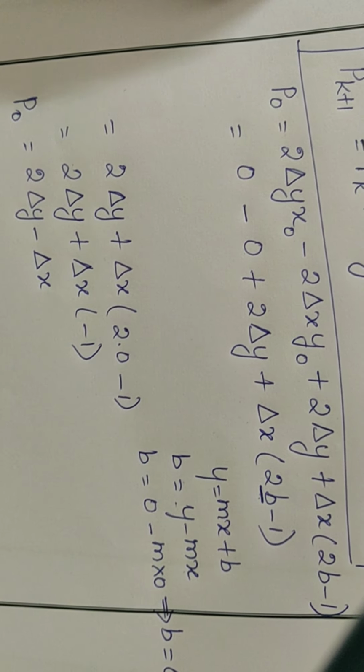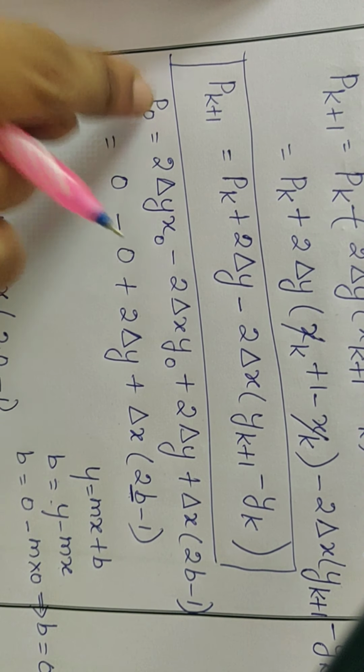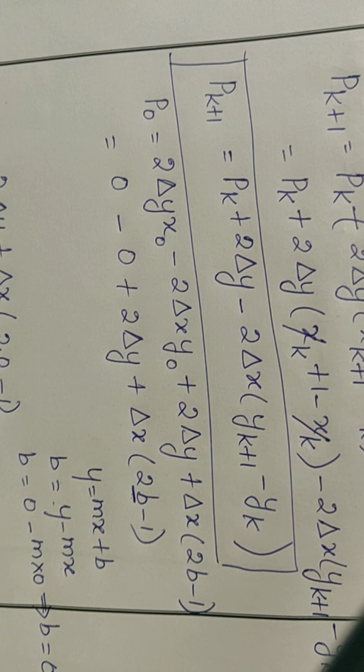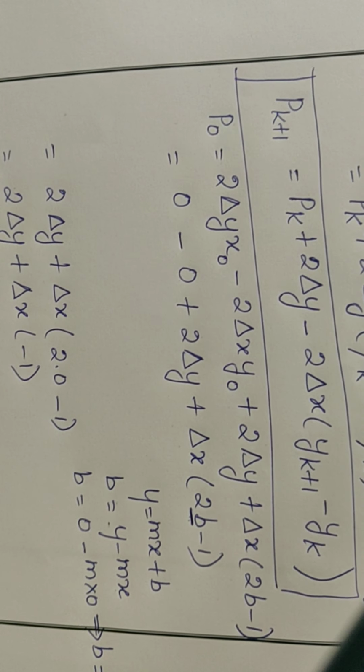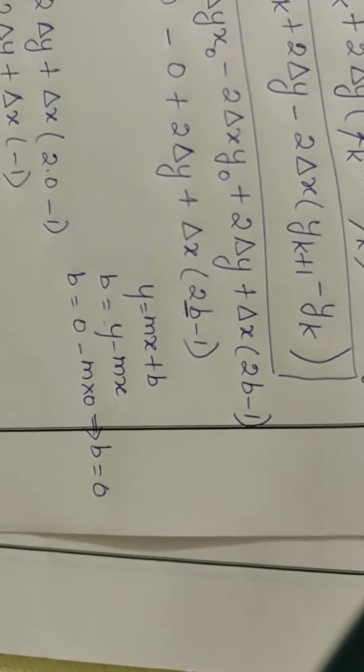So we got 3 equations here: P naught, pk plus 1 and pk. With these 3 equations we are supposed to do the sum, so I'll consolidate everything. To do the sum, the first step we need is P naught. What is my P naught?